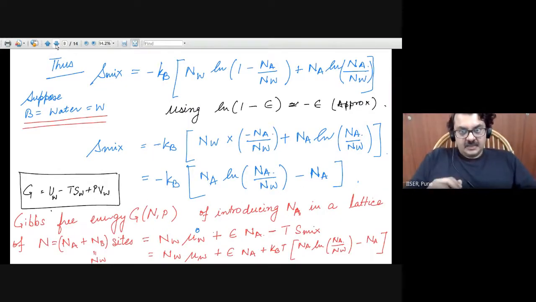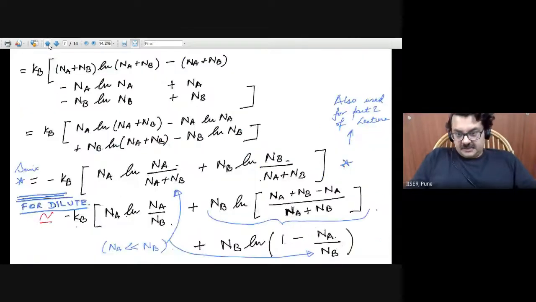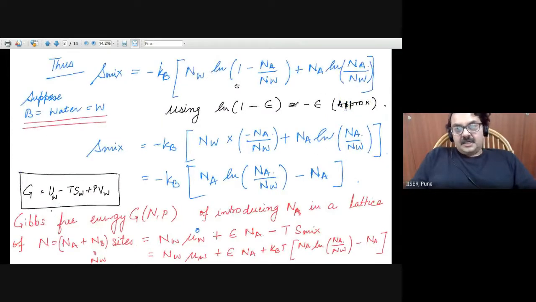And why is this important? What you get is that the entropy of mixing is minus kB Nw, the number of water molecules, if you like, B molecules. I've written Nb here as water molecules. So it's minus kB Nw log of 1 minus Na by Nw, times Na.